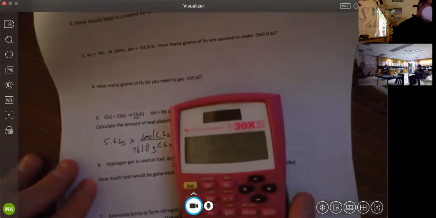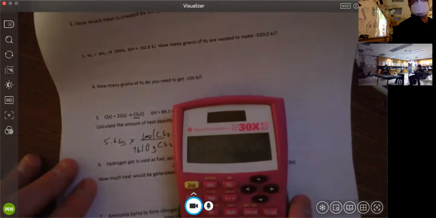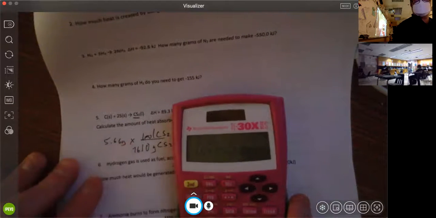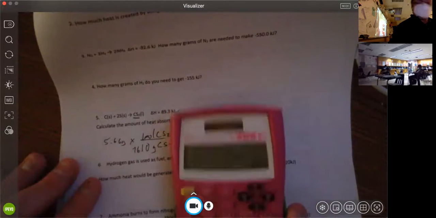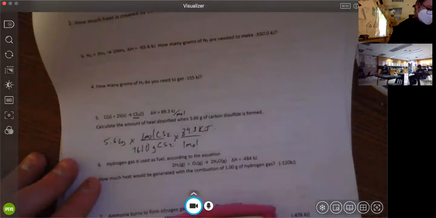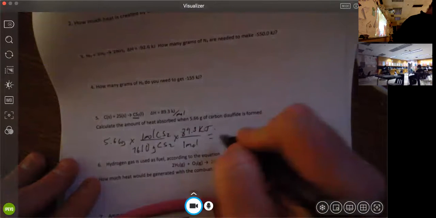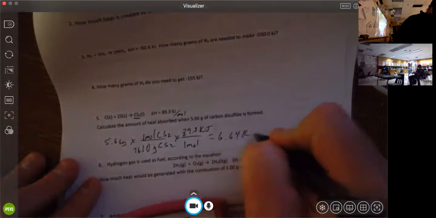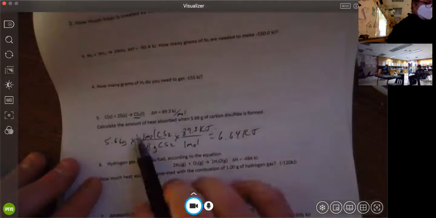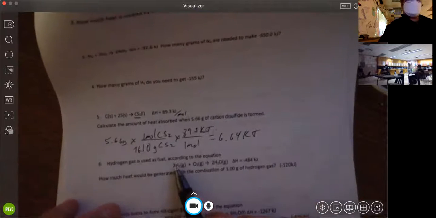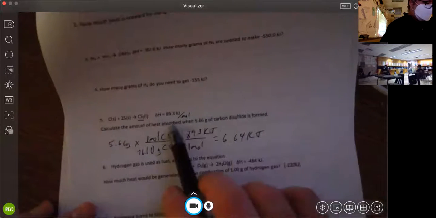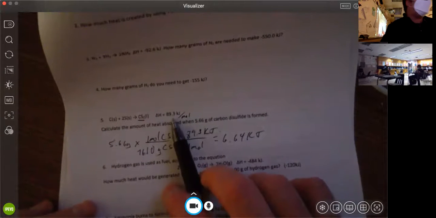So is this 13? We have 3 significant digits to start with, so we get 6.64 kilojoules. That stuff is pretty easy. So this is using the delta H of the reaction.